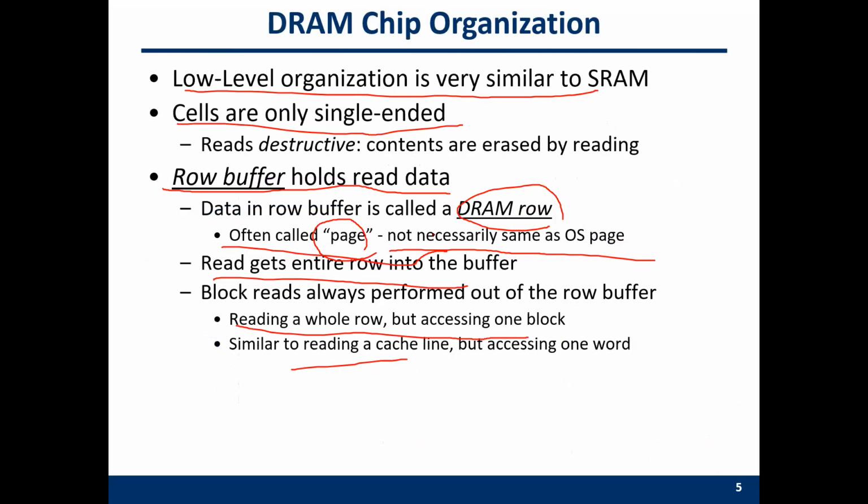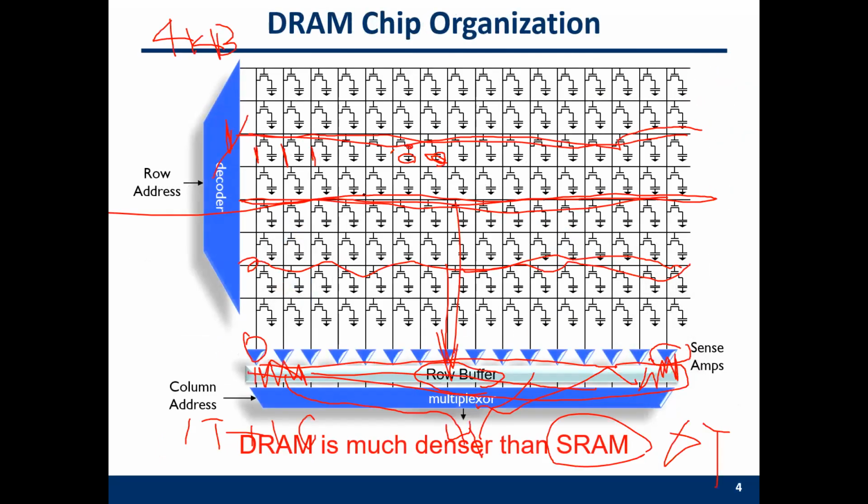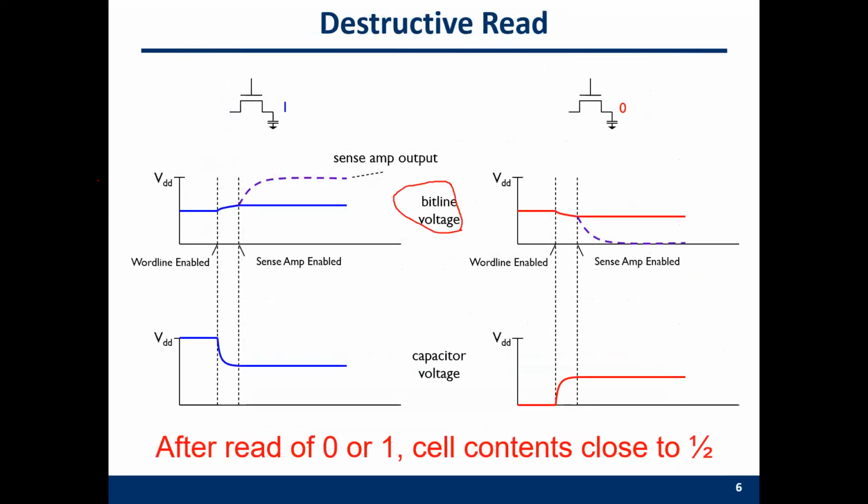The vertical line is a bit line. Before any read operation, we charge this bit line to 0.5 VDD, no matter whether you want to read a 0 or a 1, because you don't know whether it's a 0 or 1, so you do the same. You charge the bit line to 0.5 VDD here.